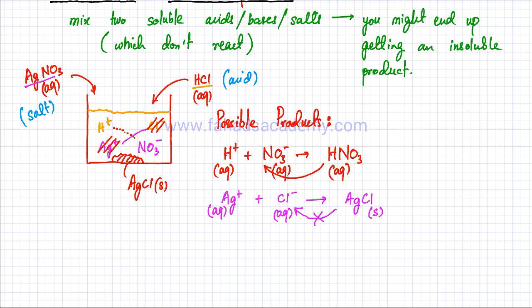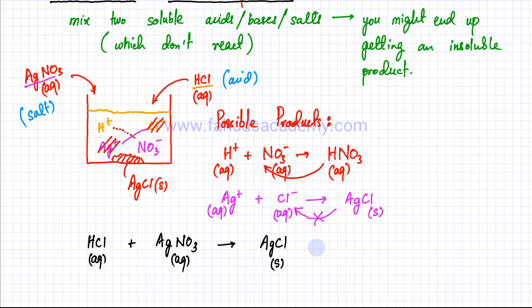We had HCl in aqueous state, and it was reacting with silver nitrate, which was also in aqueous state. When I mix them together, the ions randomly combine with each other because they're ionized in aqueous state. And when they combine together, AgCl is not going to redissolve because it's an insoluble solid.